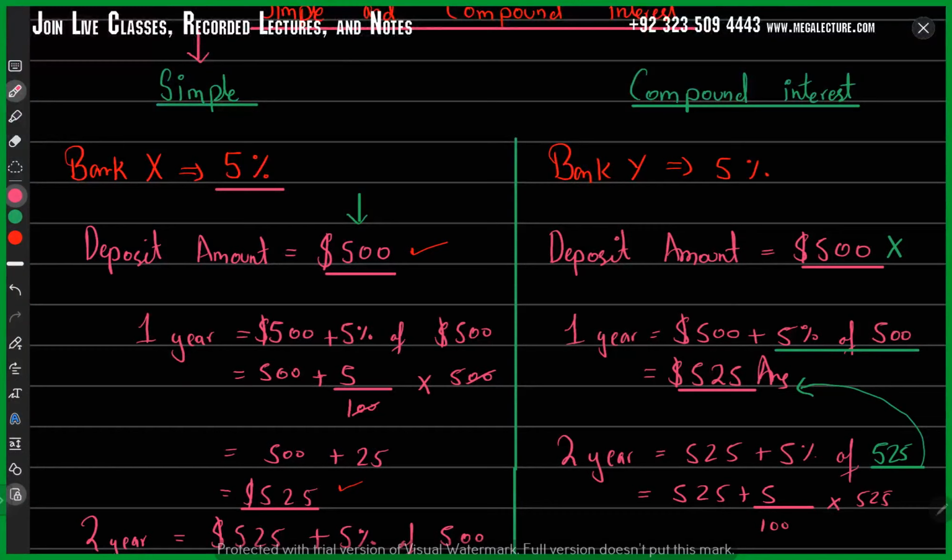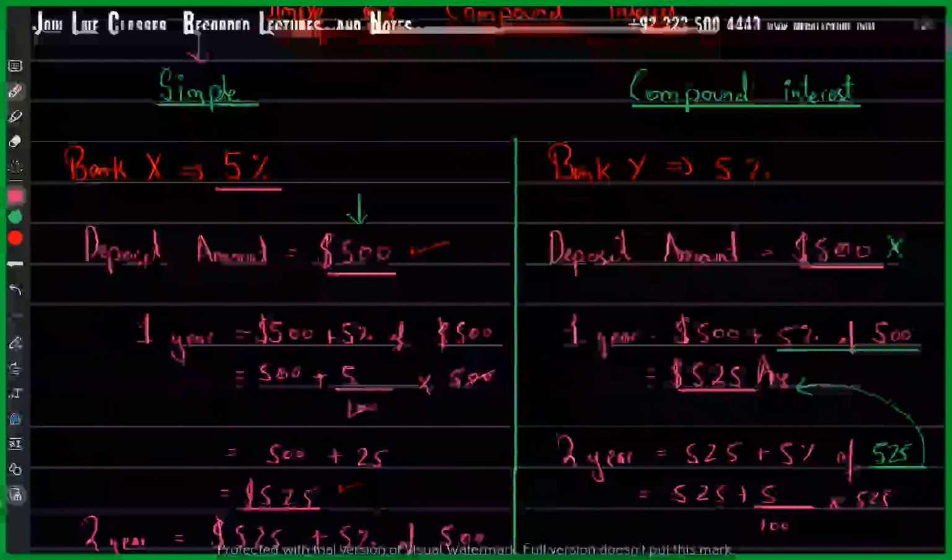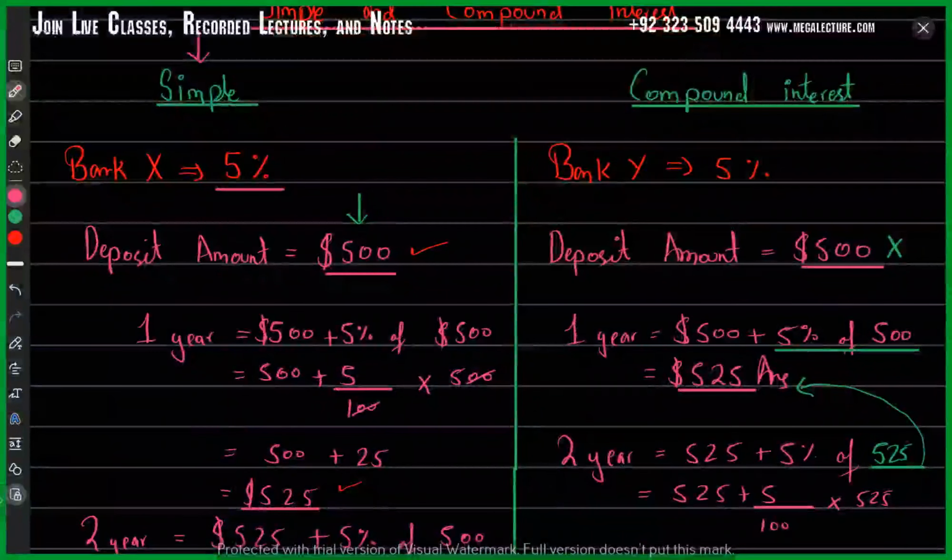Use your calculators and tell me the answer. Ma'am, 551.25. Okay, I'll tell you, Umaiza, just give me 1 minute. Let me see if you are doing it correctly or not. Yes, very good. Umaiza, your amount is correct. Muiz, your amount is correct. Taha, your amount is correct. So it is going to be $551.25.